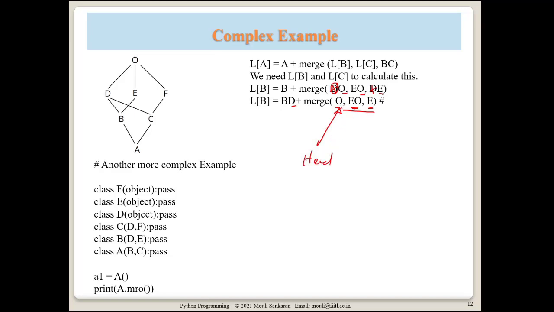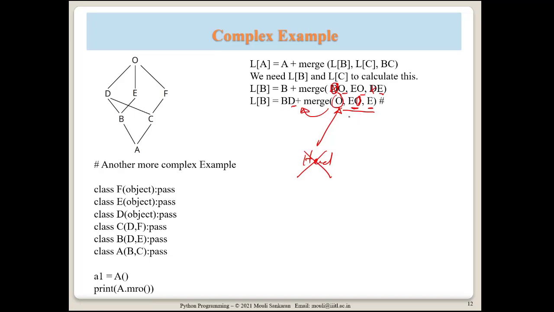We need to consider the head that you find in the first list. Now this is O. I am going to see whether I can add O or not. Unfortunately, I find it here as a tail. So O is a bad head, and I am not going to add it now.